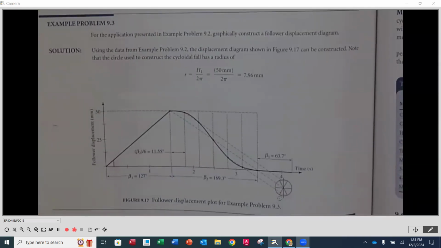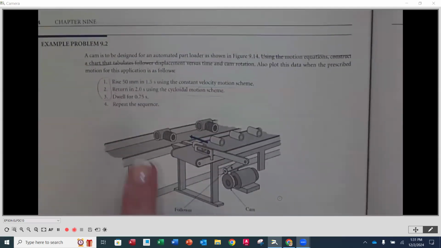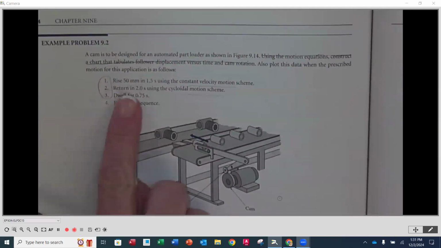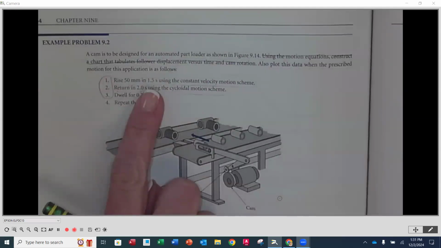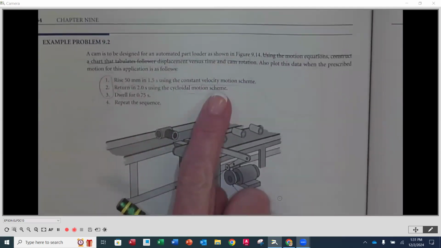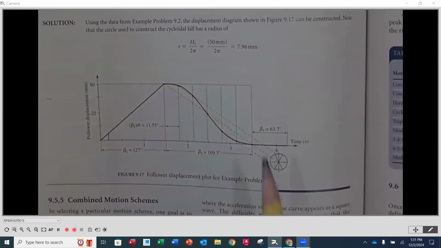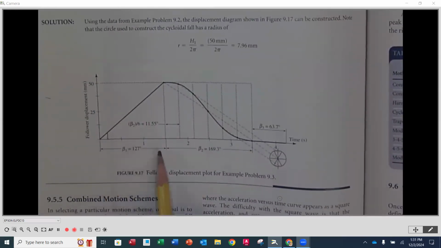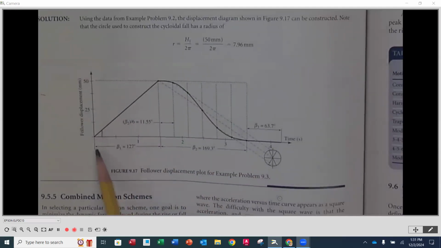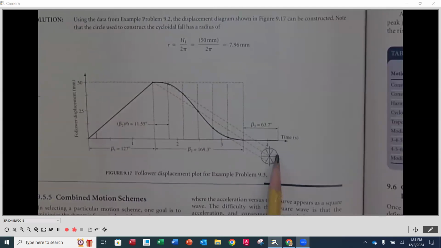So if we go back to the problem statement for the previous example, it said that we're going to rise 50 millimeters in 1.5 seconds, and it's going to be constant velocity, okay? So if we go back to creating this, you're going to notice that the total beta along the x-axis, this total number of degrees along the time, is going to be 360 degrees.